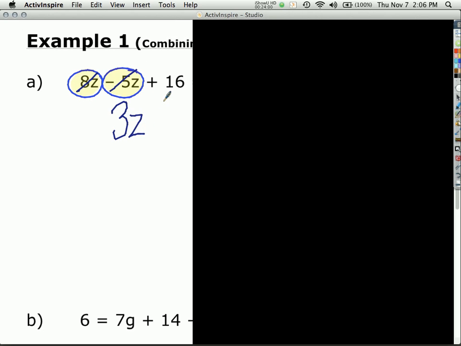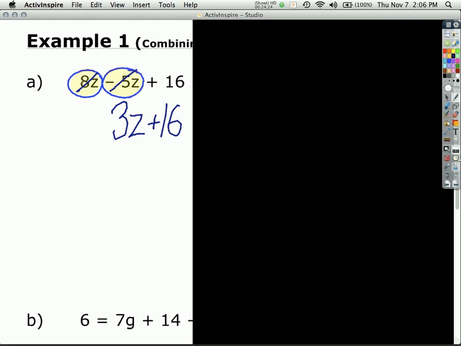The 16 is by itself. There's nothing we can do with it, so we just bring it down. We are not allowed to add these together because they're not like terms. So we took care of the left side.